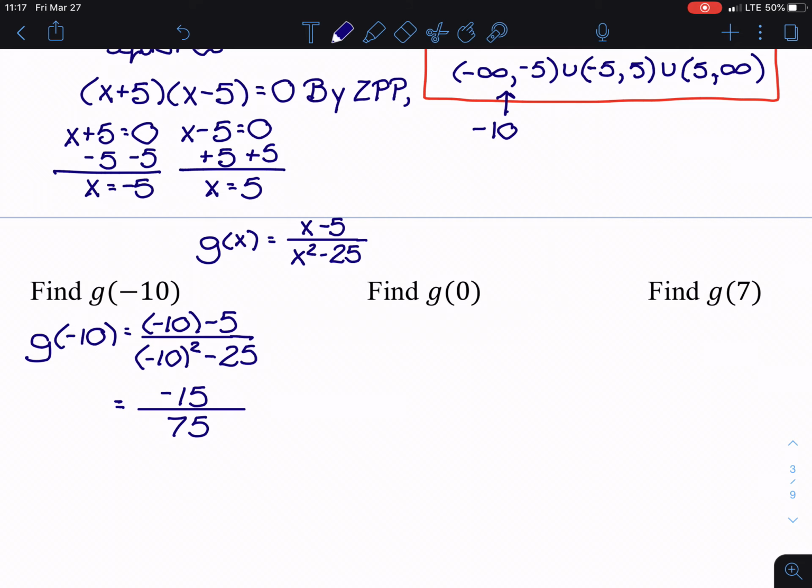Looking at those two numbers, I notice they're both divisible by 5. 5 goes into 15 3 times. 5 goes into 75 15 times. Now notice here though, both of those numbers are divisible by 3. So 3 goes into 3 one time, 3 goes into 15 5 times. And so my overall answer is, remember I still have that negative there, negative 1/5 for g of negative 10.